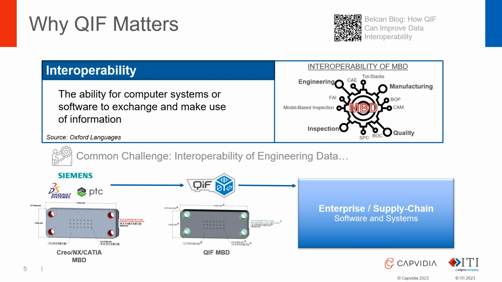So that's why QIF is such an important format and really such an emerging format, because it started to be this data format or this data framework for creating that bridge between the CAD world, the CAD and the PLM world, and other domains of manufacturing.